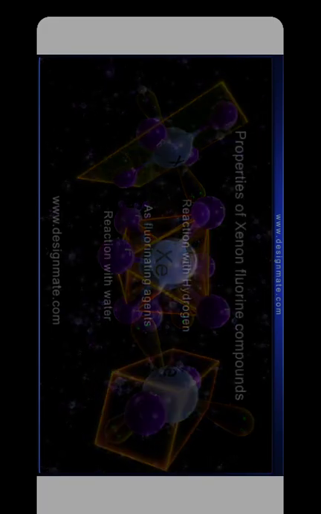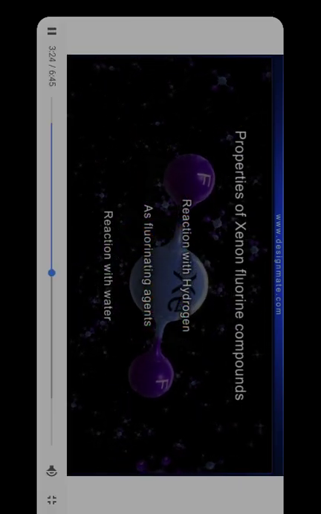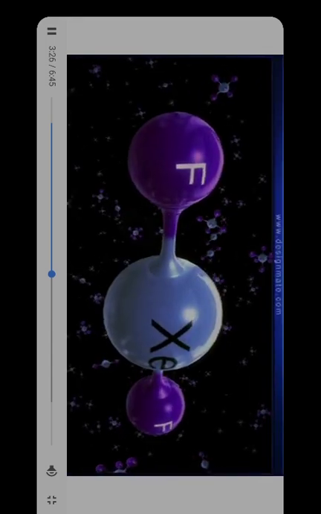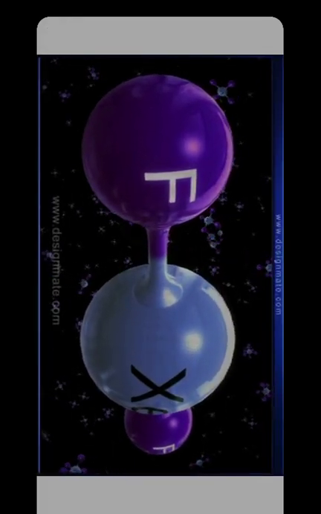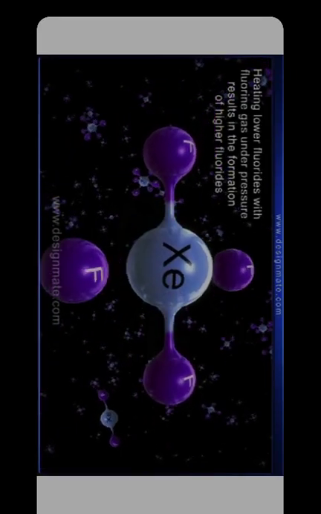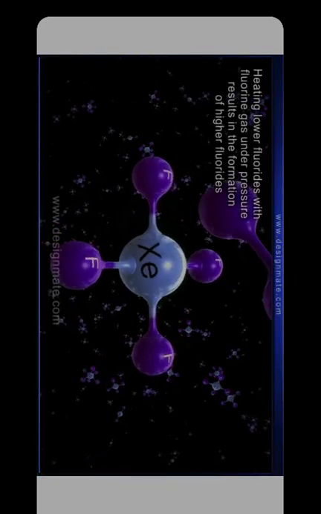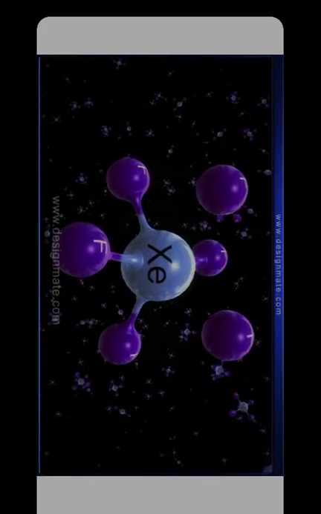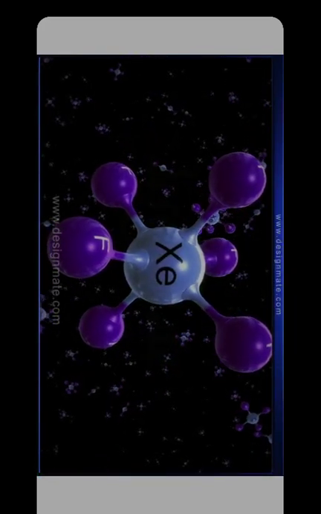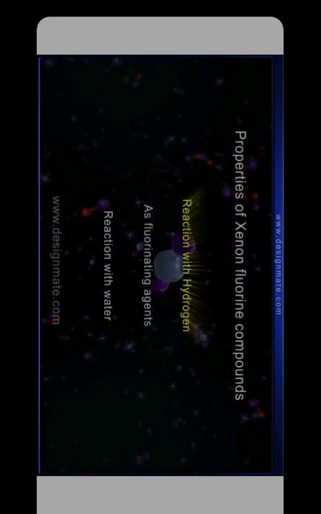Let us now study a few significant chemical properties of xenon-fluorine compounds. Heating lower fluorides with fluorine gas under pressure results in the formation of higher fluorides. Reaction with hydrogen.